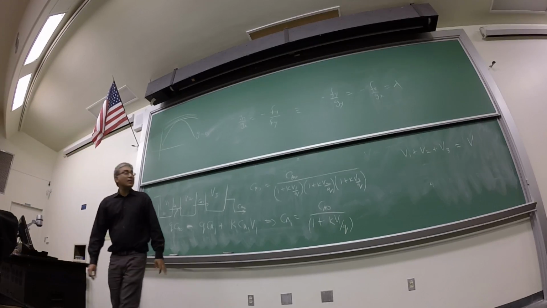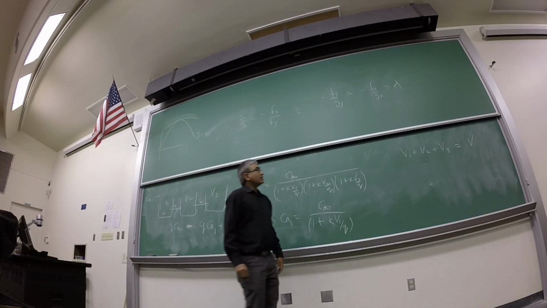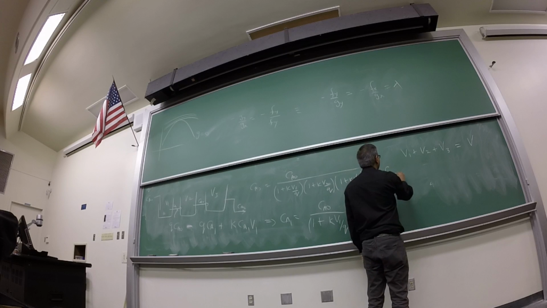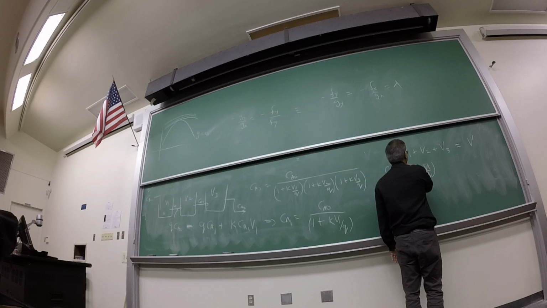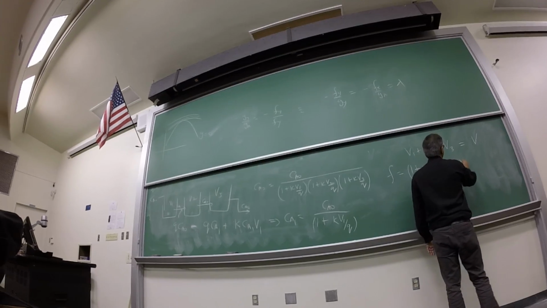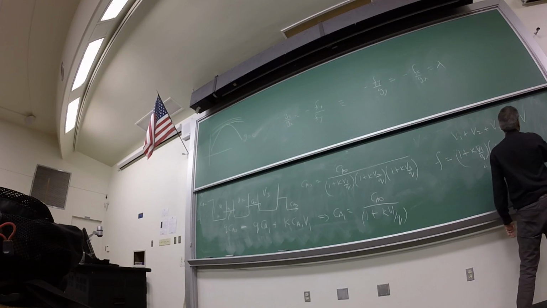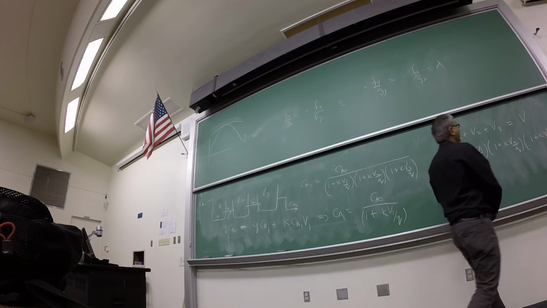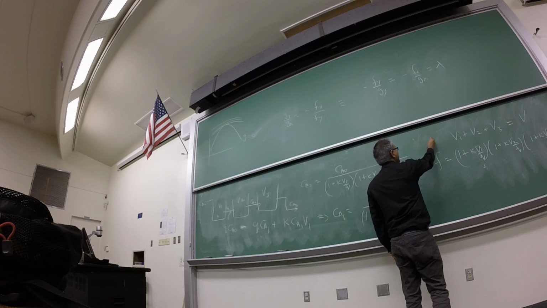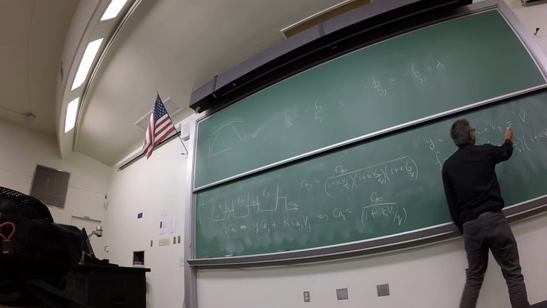So rather than defining this whole thing as f, I define my f to be 1 plus k V1 over Q, 1 plus k V2 over Q, 1 plus k V3 over Q. That's my f, and I'm going to make my g to be V1 plus V2 plus V3 minus V.